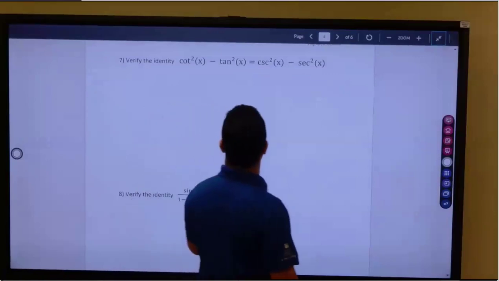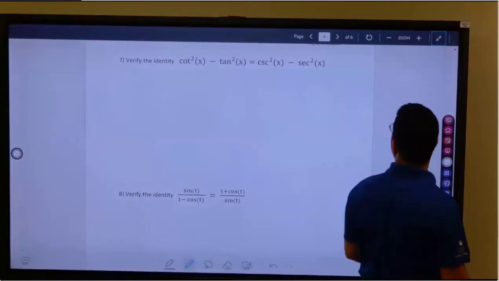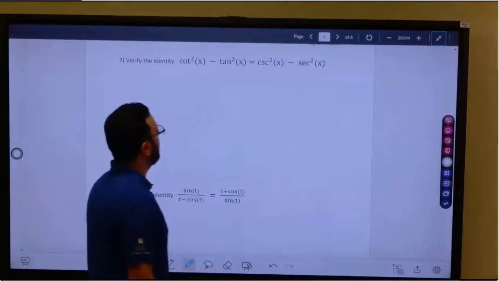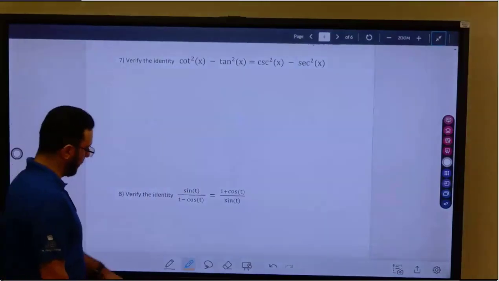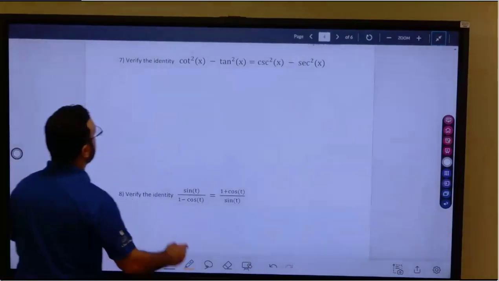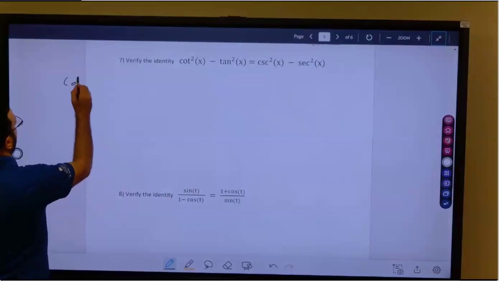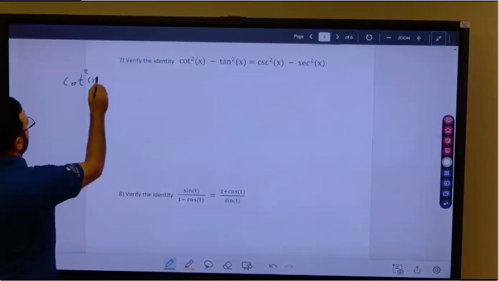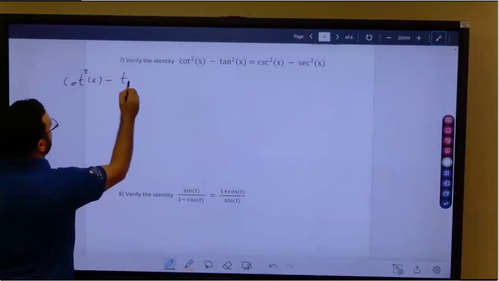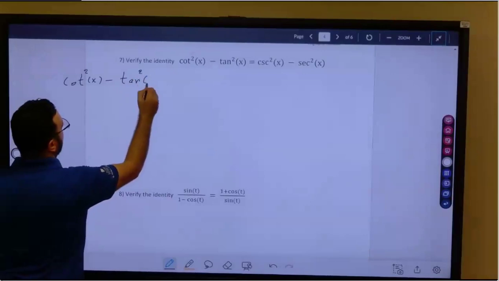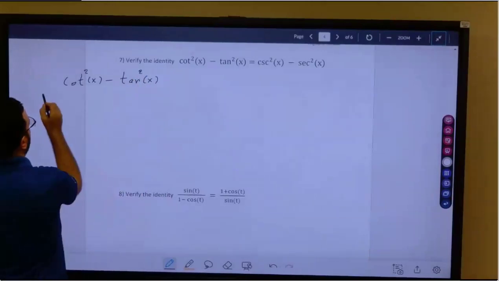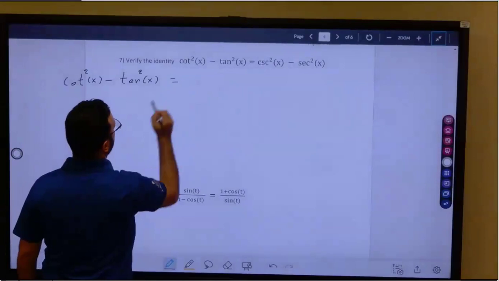Cotangent squared x minus tangent squared x should be equal to cosecant squared x minus secant squared x. So let's start from the left side. Cotangent squared x minus tangent squared x.